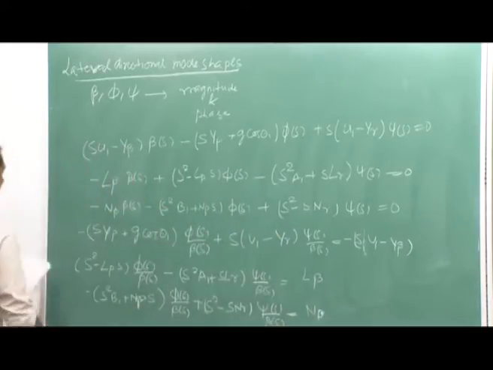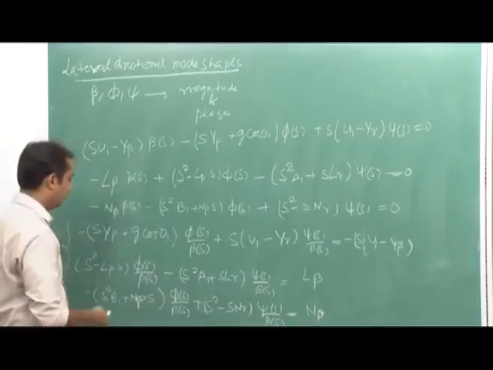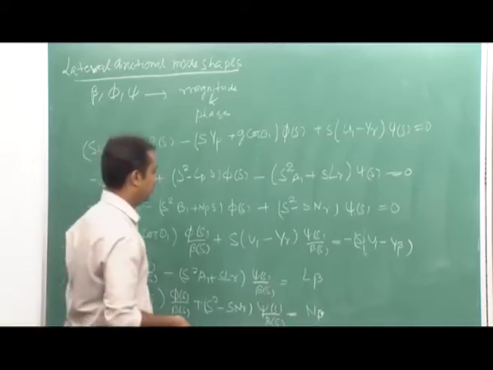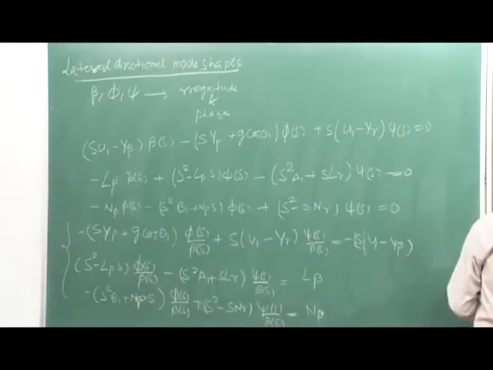You can use any two equations, since it is a two-variable problem and you have three equations. So you can take any two of these and write them in matrix form.